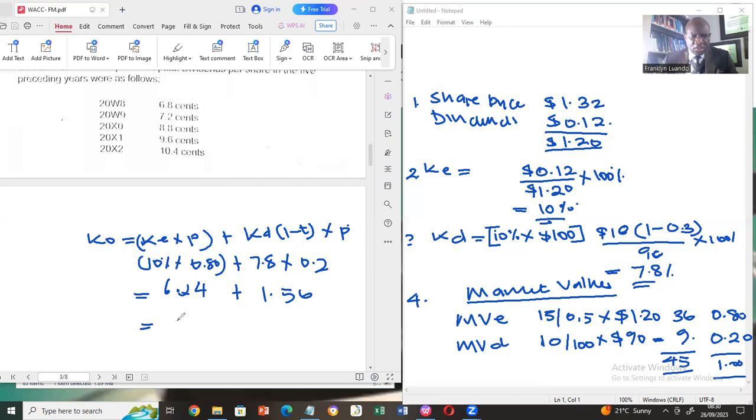So the WACC will be 7.8. The 7.8 is the discount factor that will be used to evaluate the project that has been financed by different sources of capital. So for today, we can end here.